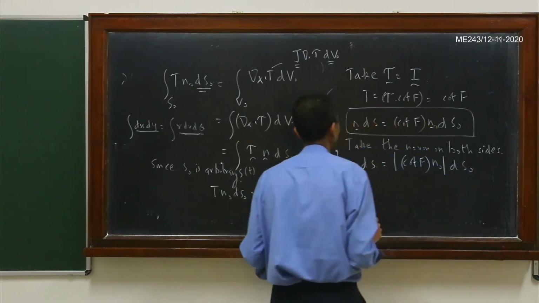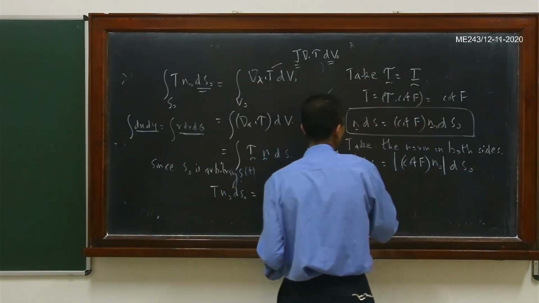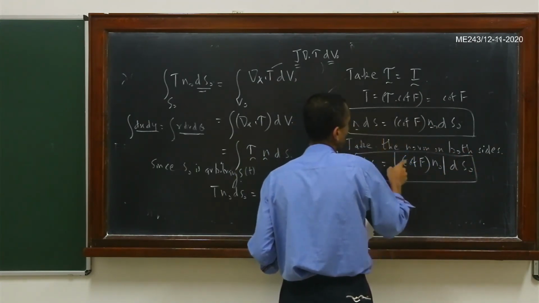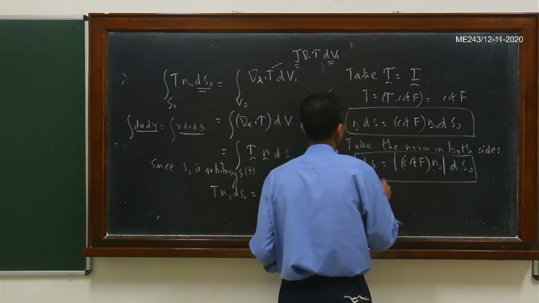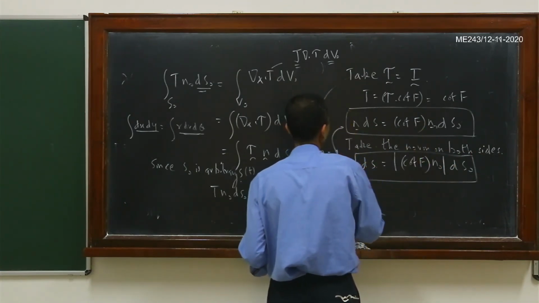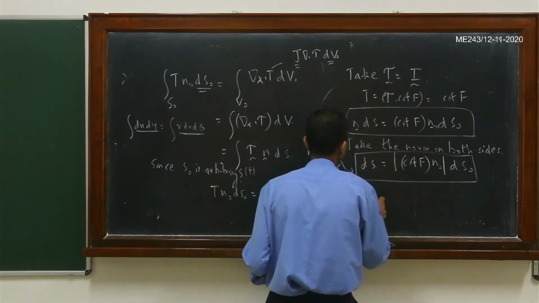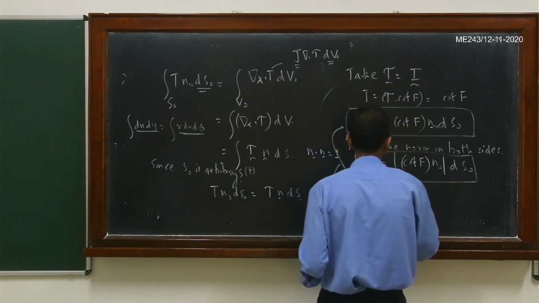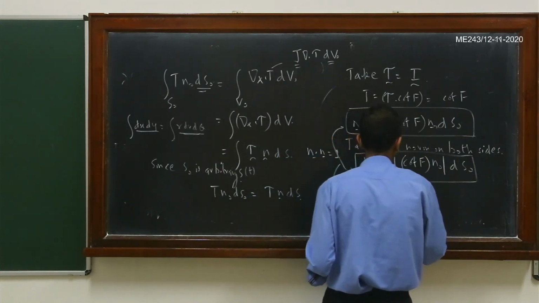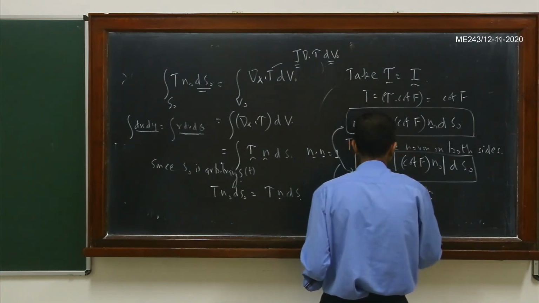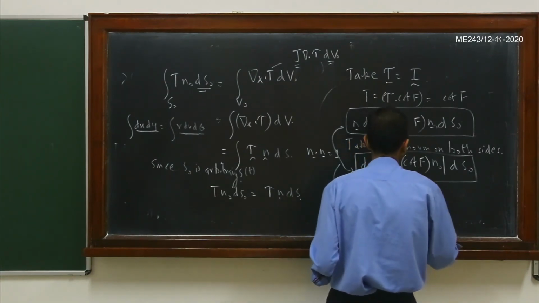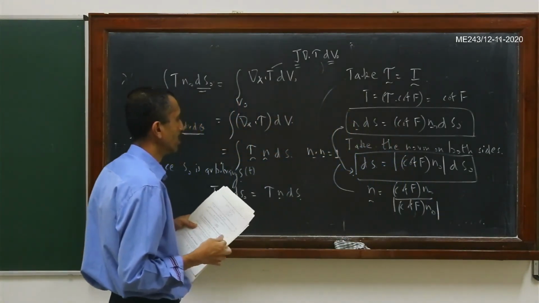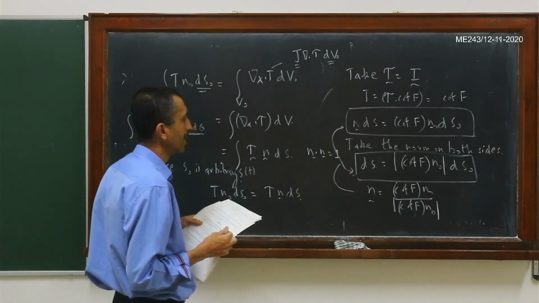So this gives a relation between the area elements. Then just substitute this dS equal to norm of cofactor F n0 dS0 into the previous relation. From these two relations it follows that n will be equal to cofactor of F times n0 divided by the norm of cofactor F times n0. So that's the relation between the unit normals in the deformed and the undeformed configuration.